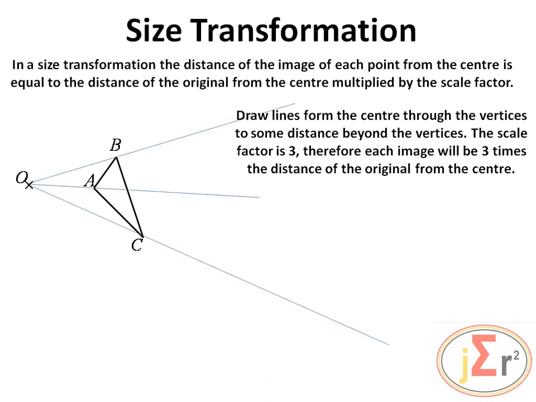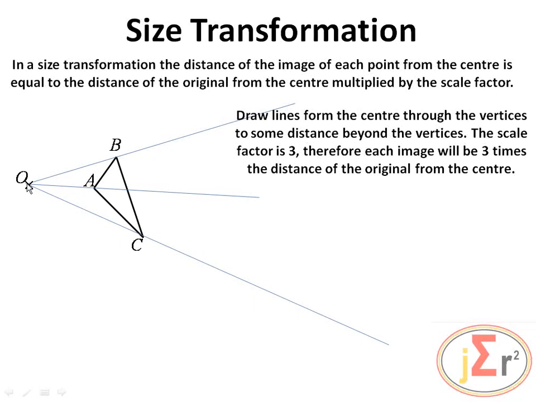So we are going to be size transforming the triangle ABC, and of course we are going to be using a scale factor of 3. Therefore, the distance between the center of size transformation and a point is going to be far less than the distance between the center of size transformation and the image.